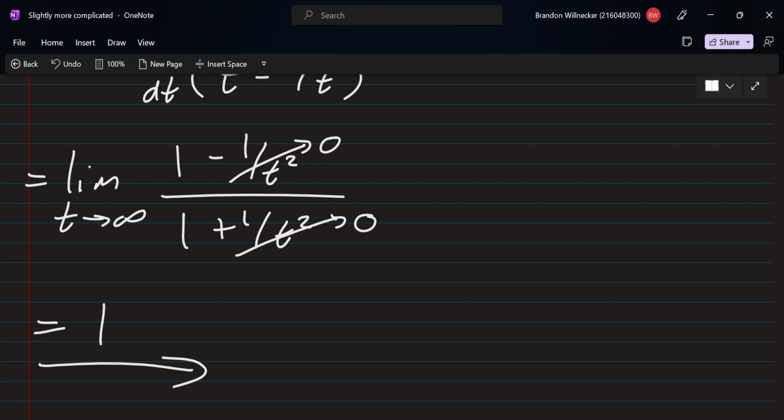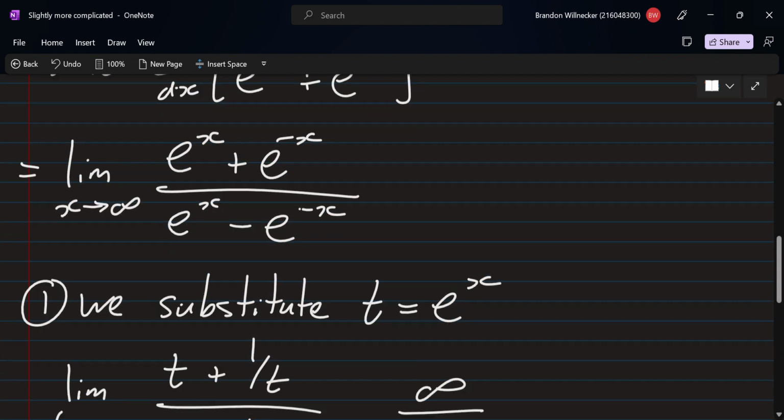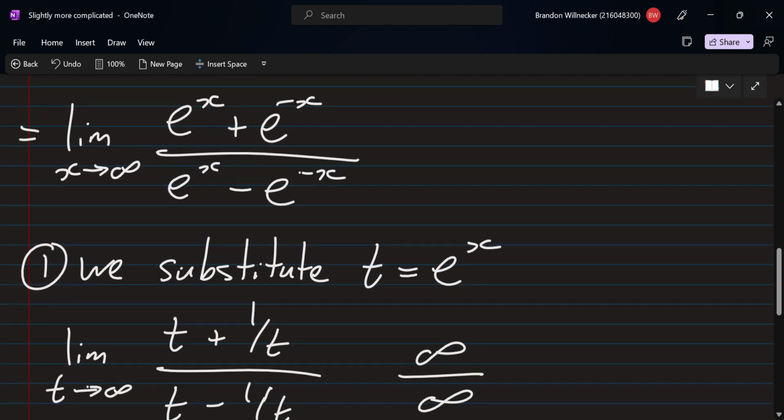So you see that sometimes L'Hopital's rule isn't enough. We need to do a little bit of manipulation first so that we don't go in those circles. Sometimes by making the substitution, we can apply L'Hopital's rule, or you could make the limit simpler. For example, if we had something like this, but with a whole lot of e to the x's, we could make the substitution, and then it makes it a bit easier to work with.